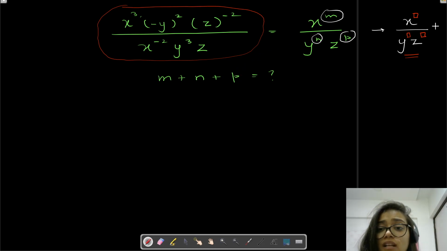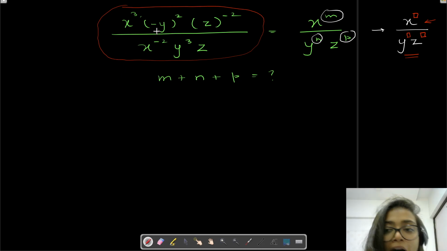Now in this expression, in the numerator I only have x, and in the denominator I have y and z. So all the x terms should be in the numerator, and all the y and z variables should be in the denominator. That's what we're going to try to do.